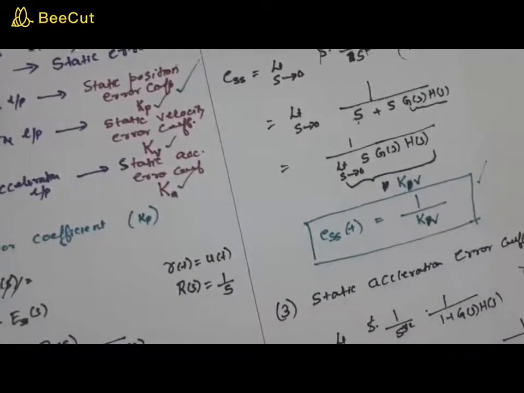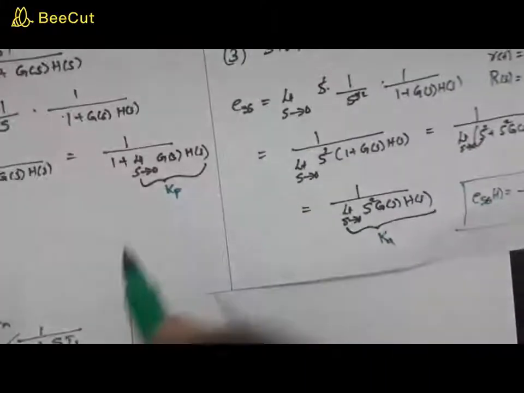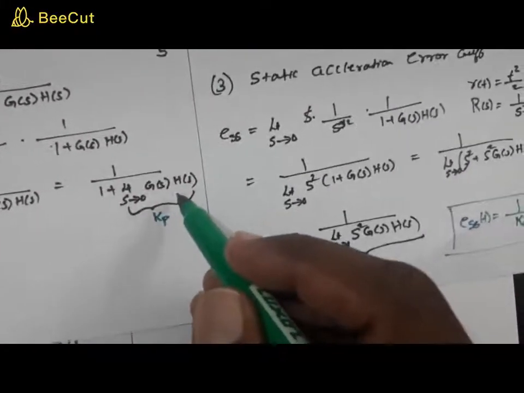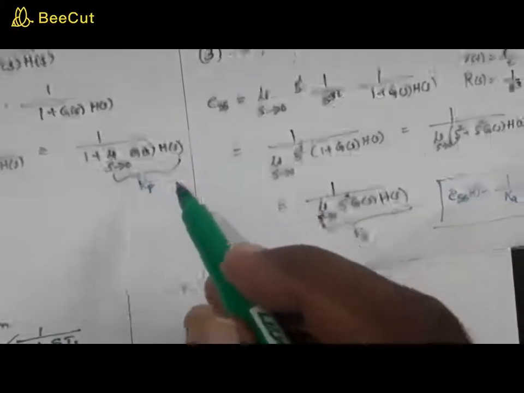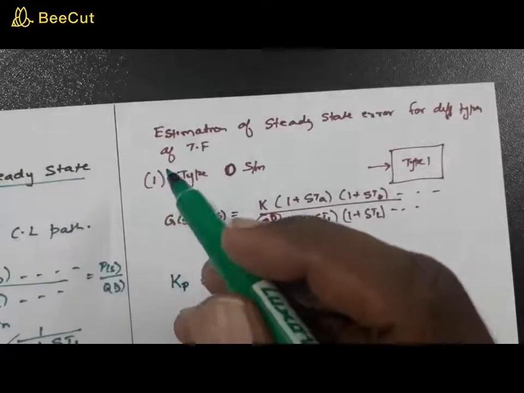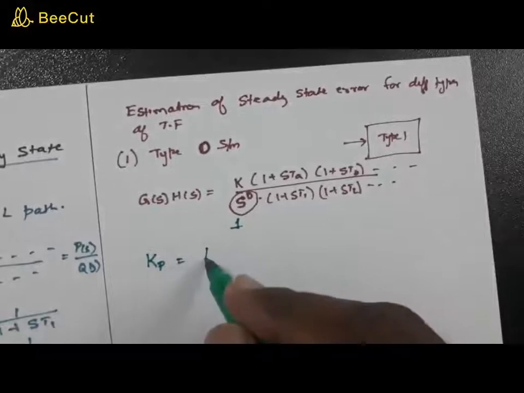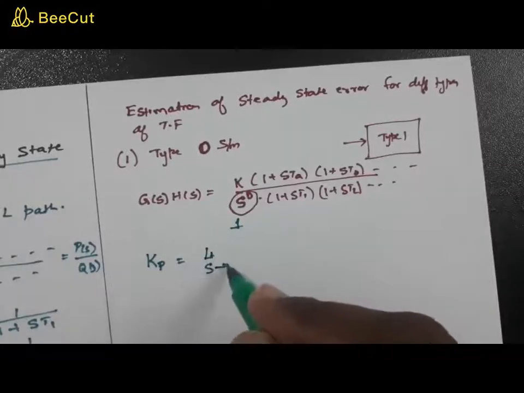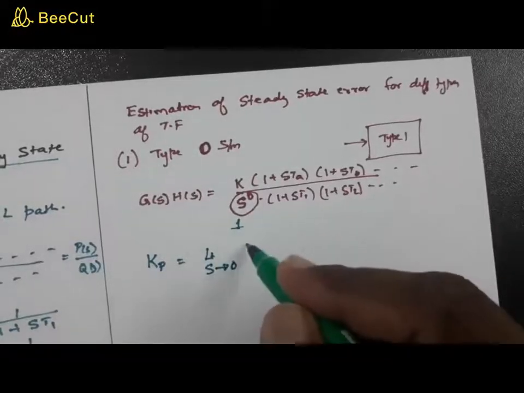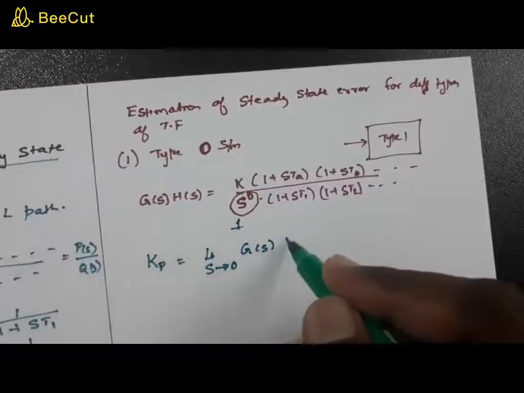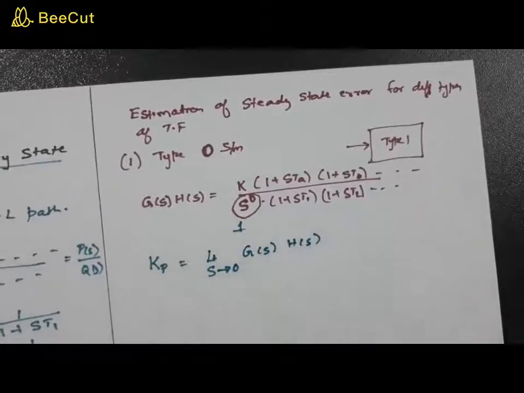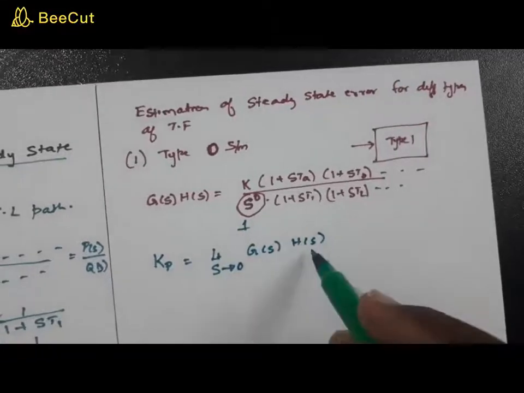How will you define this Kp? Kp is limit s tends to 0 of G(s)H(s), right?